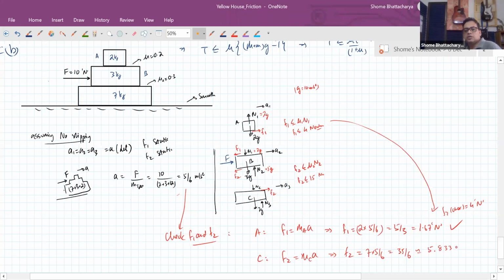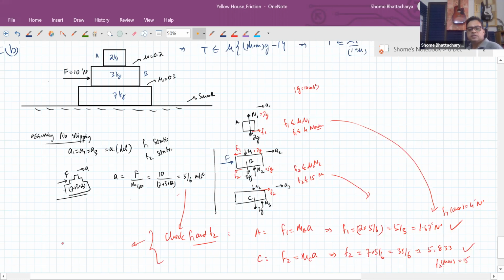So this is also available, because you can see that the maximum friction is equal to 15 newtons. That means there will be no slipping, so the assumption is correct.